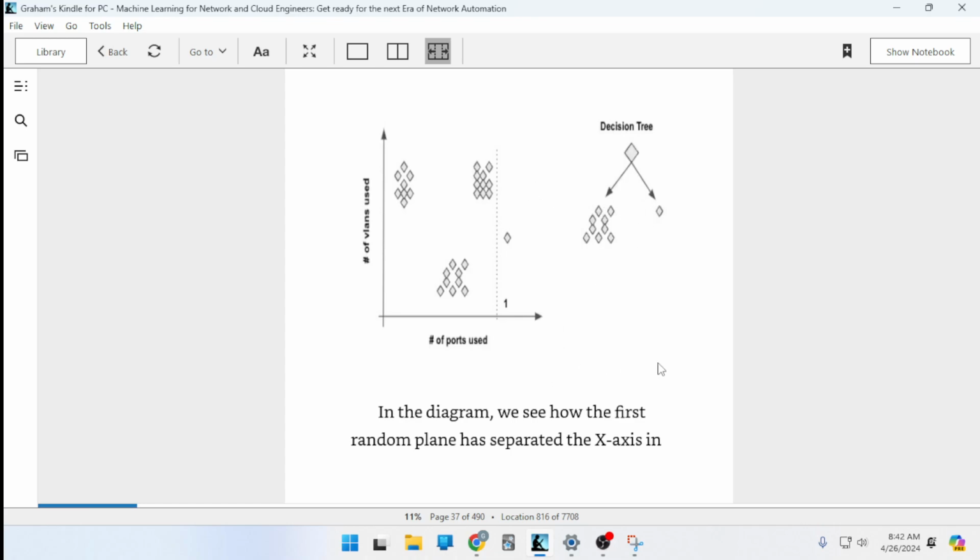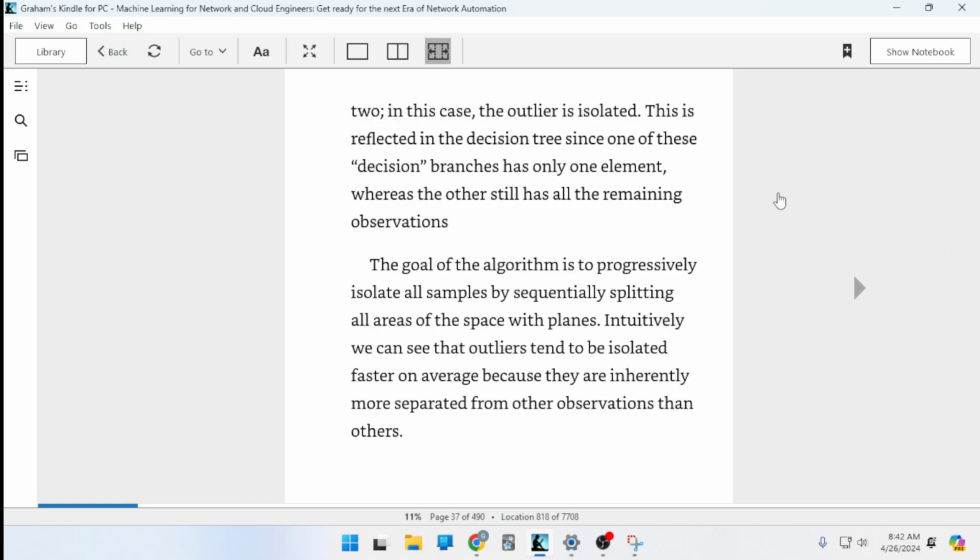In the diagram, we see how the first random plane has separated the x-axis in 2. In this case, the outlier is isolated. This is reflected in the decision tree since one of these decision branches has only one element, whereas the other still has all the remaining observations.